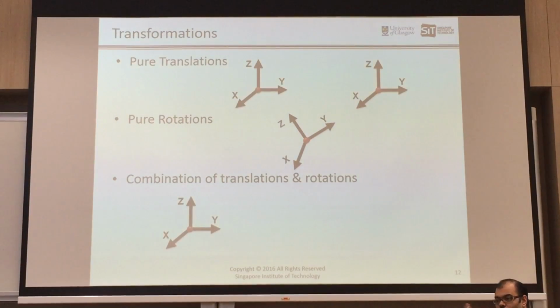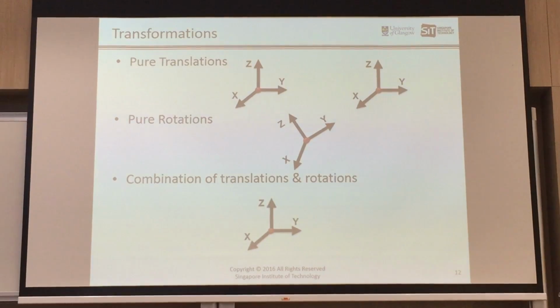Your whole 4 by 4 matrix will be very simplified. If it's pure rotation, it will just rotate about the origin. It will not have any translation. And you can have a combination of these two. So just to give you the various types that you can have.